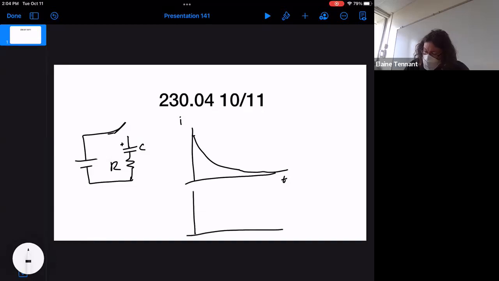And you get something very similar but opposite for the capacitor, where charge starts building up quickly at first because the current's high, so lots of charge gets deposited. But once the charge is built up, the current has slowed down, so charge keeps building up because you still have current, but it doesn't build up as fast.